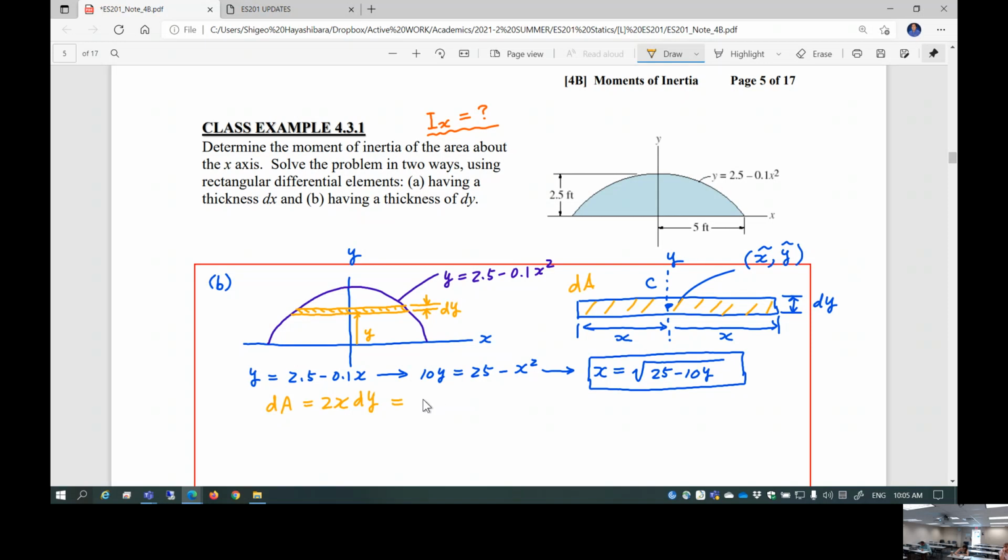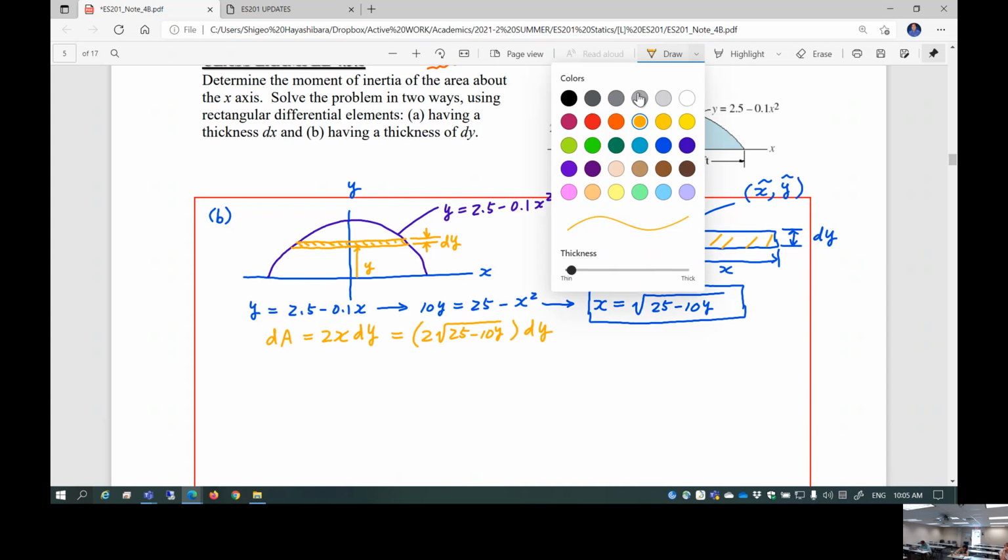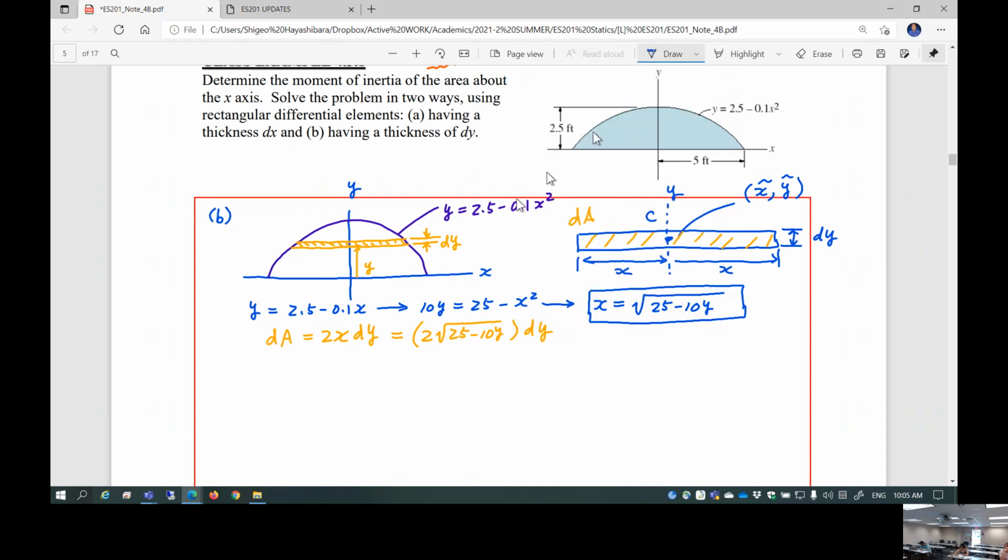So mathematically speaking, this is 2 times square root of 25 minus 10y times dy.